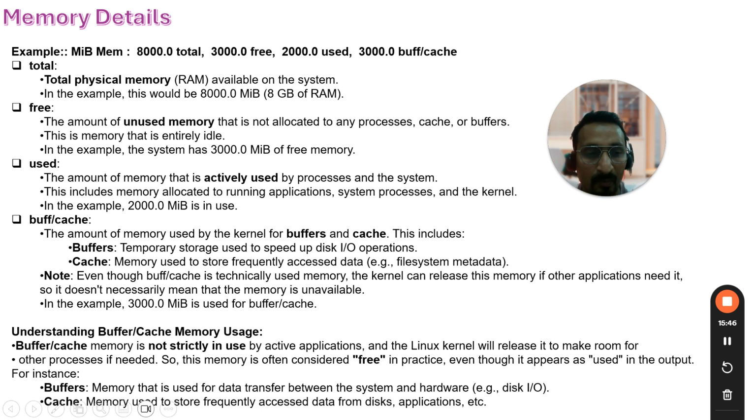Okay, let me come again to this buffer and cache space. Suppose there is some process which requires some memory, right? So what can the kernel do? The kernel can remove the buffer or cache data and give the space to this additional process, right?